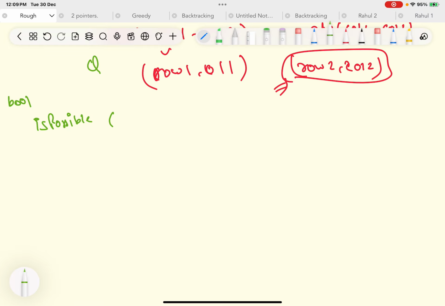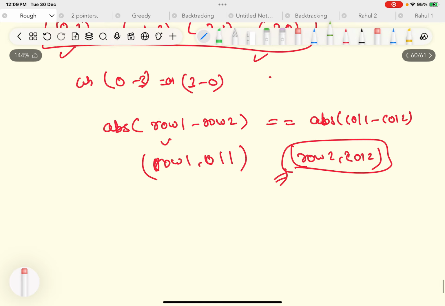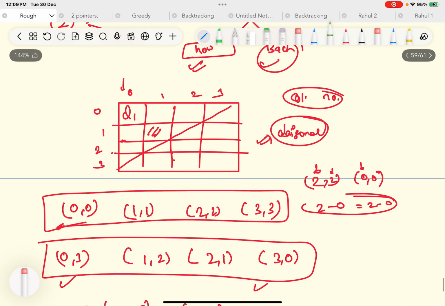And how will we know? Okay, before discussing this, let's discuss how we will store the previous queens, because for putting queen 3, we should know the positions of this queen and this queen. Then only we can predict the position of the third or fourth queen. So how are we going to store them?